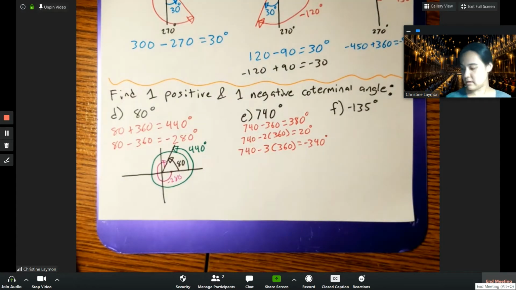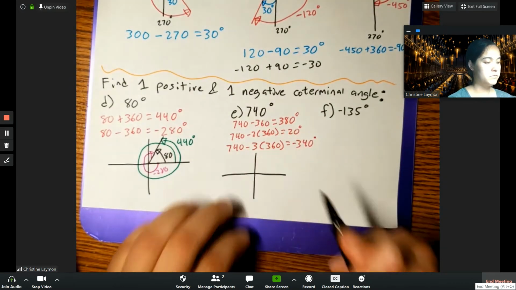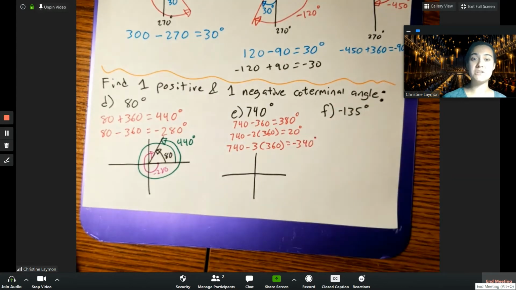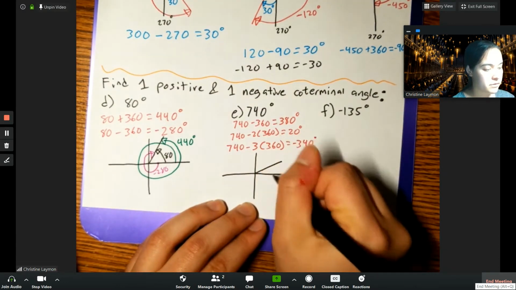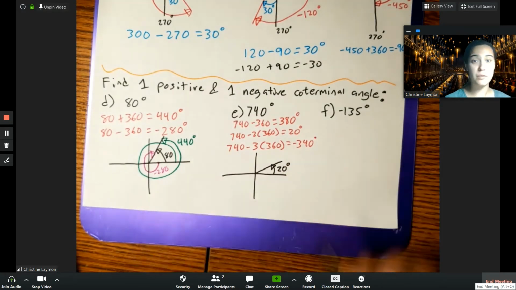So let's go ahead and draw that. Okay. And for this, you know what, I'm going to use this one here just because it's much easier for us to think about things when they're in that angle that's less than 360. So coming over to here, this amount right there, that is my 20 degrees.